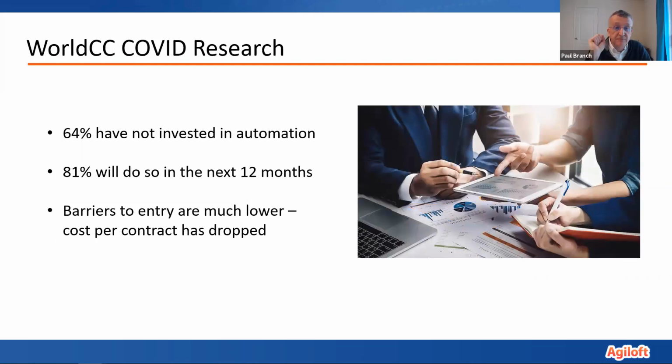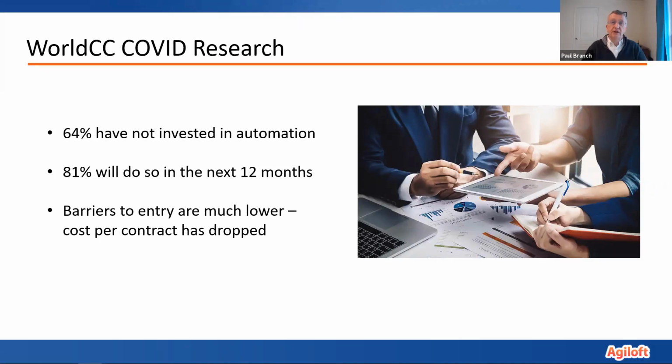Now, as most of our participants today know, World Commerce and Contracting is very much focused on research into commercial and contract management, particularly into the impact that automation is going to have, but is having today on the role of the commercial and contract management professional.